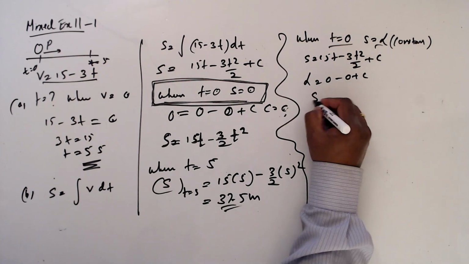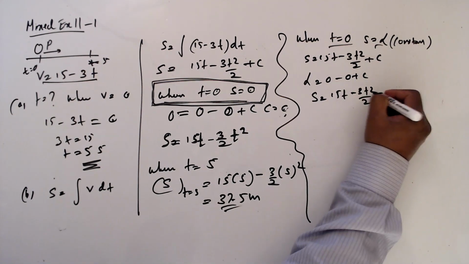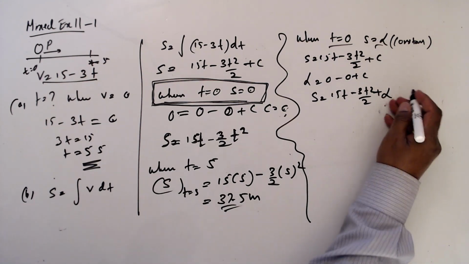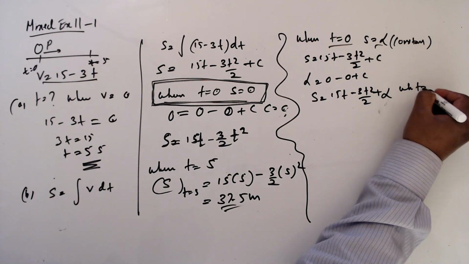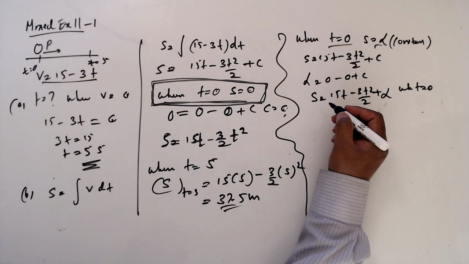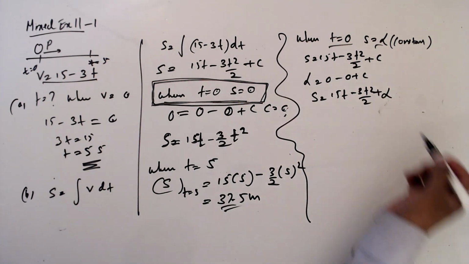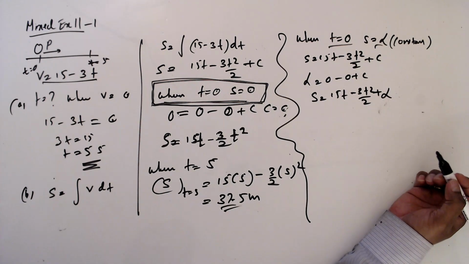Now the equation is s equal 15t minus 3 over 2 t square plus alpha.